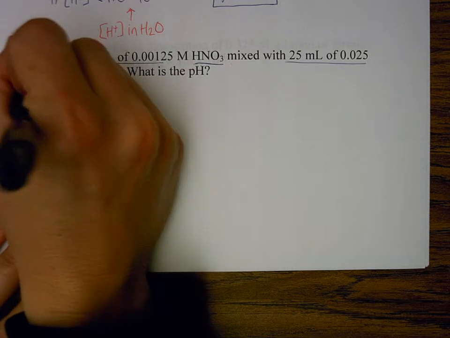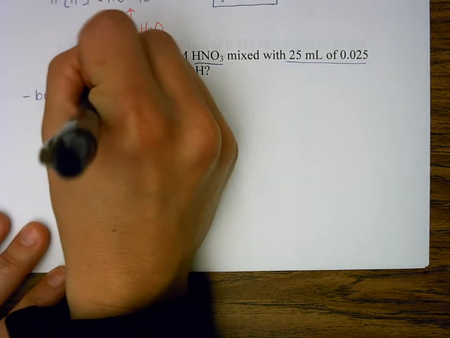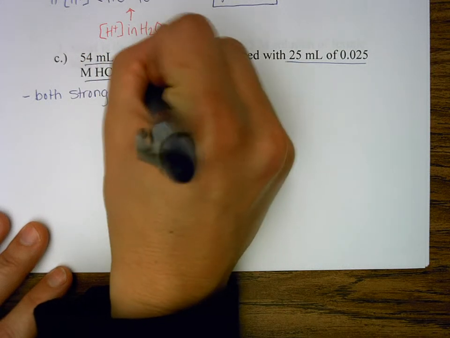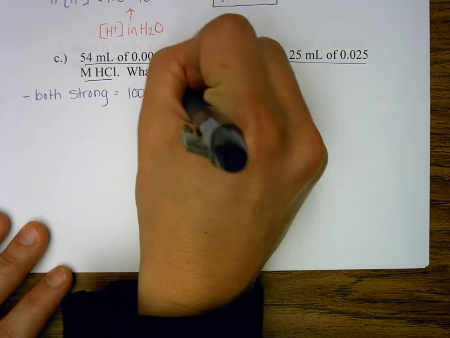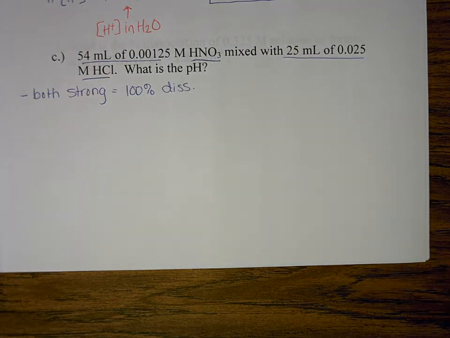So first of all, these are both strong acids, which means that you're going to have 100% dissociation of both into hydrogen ions and then nitrate and chloride ions.